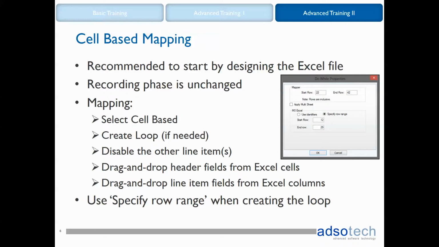If we don't want to specify an end row, we can simply put a 0 as our end row, meaning that we have until the end of the Excel sheet space for our line items.